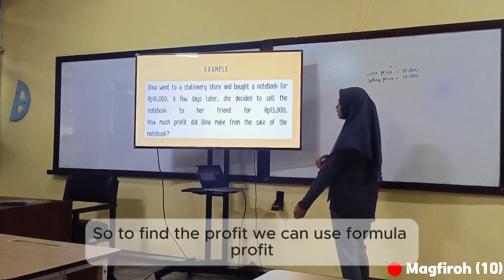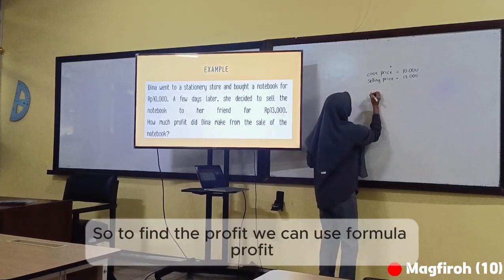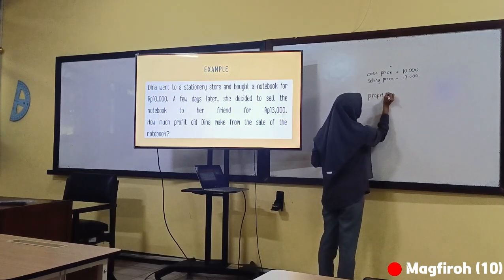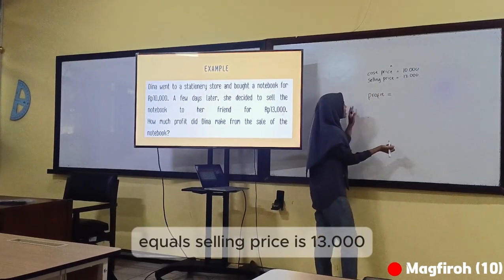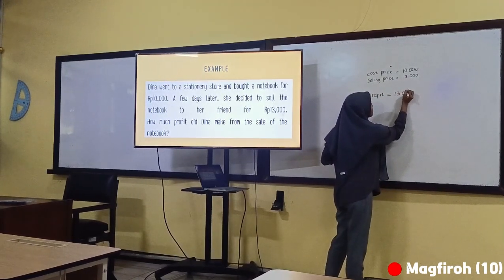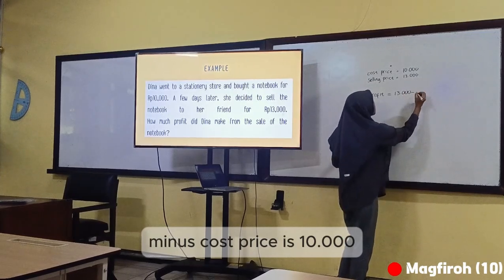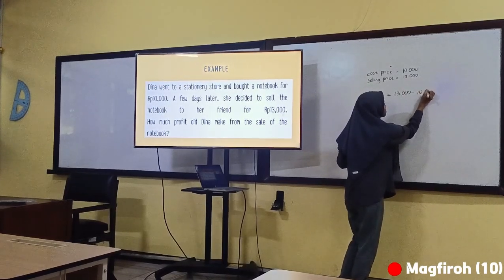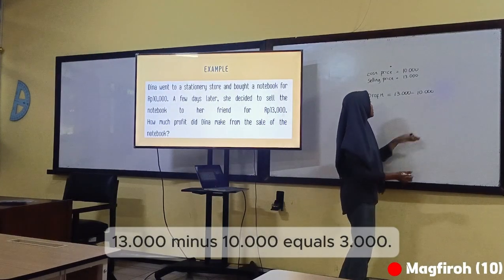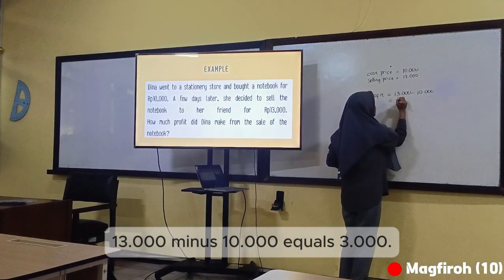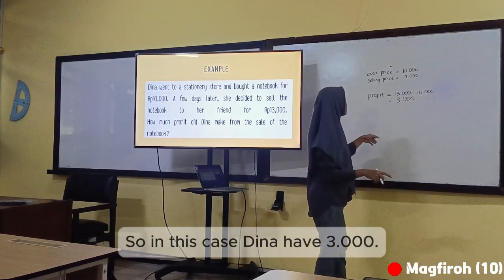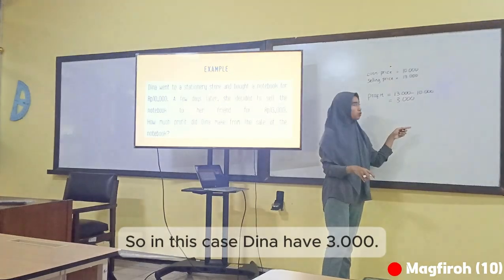So to find the profit, we can use the formula profit equals selling price, 13,000, minus cost price, 10,000. So 13,000 minus 10,000 equals 3,000. So in this case, Dina has a profit of 3,000 rupiah.